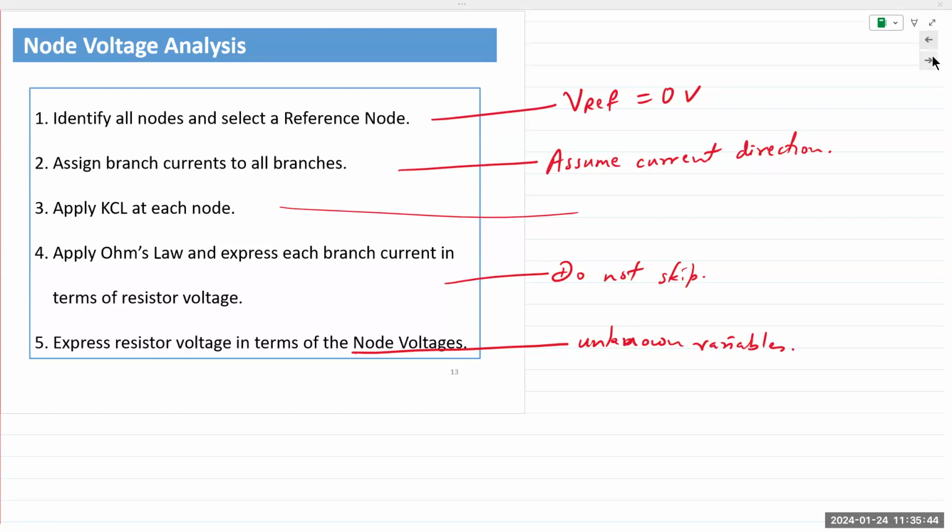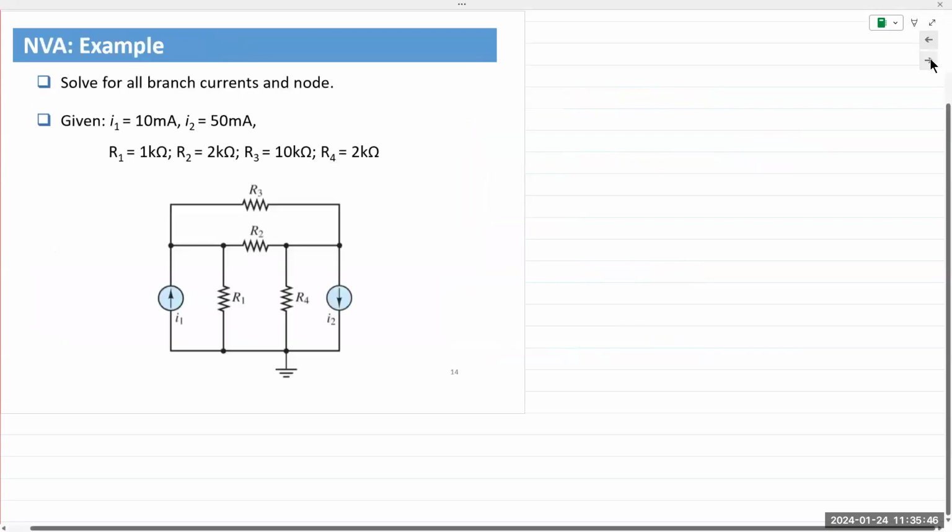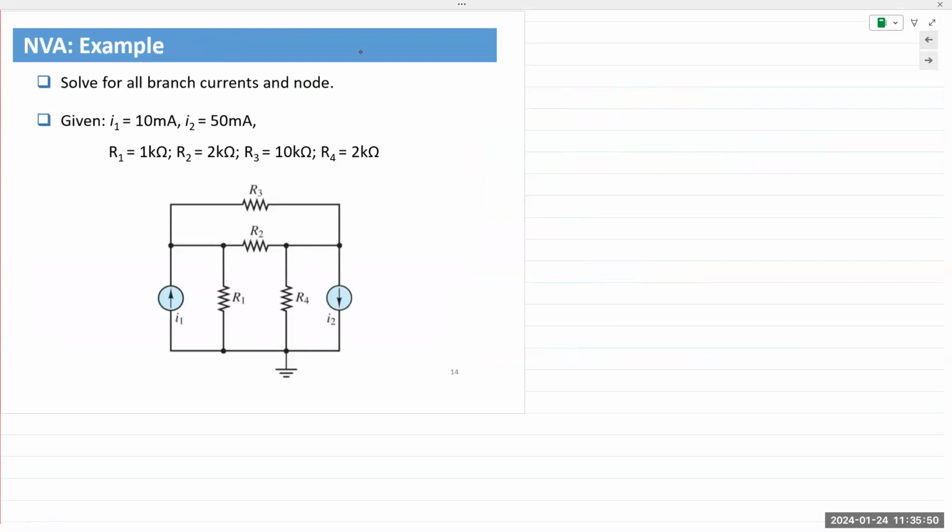Okay, let's look at the example. Solve for all branch currents and node voltages. I particularly like this example because it shows that it doesn't matter which direction you choose the current flowing through.